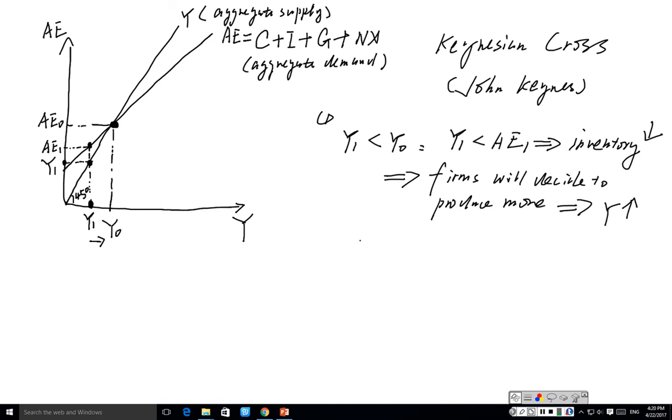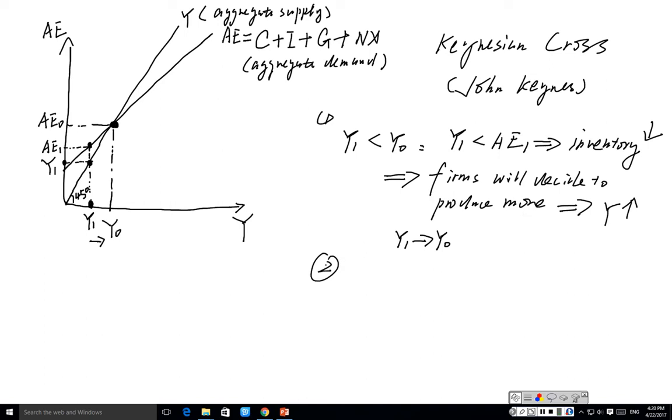So the whole society will move from Y1 to Y0. This tells you that if the aggregate output is below the equilibrium output, GDP will increase and the whole society will move automatically back to the equilibrium level Y0.